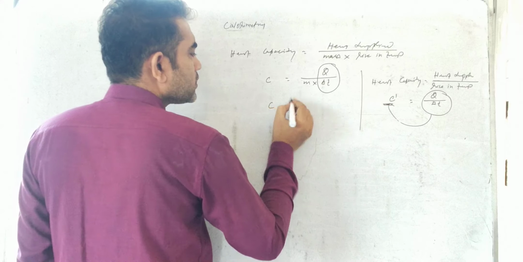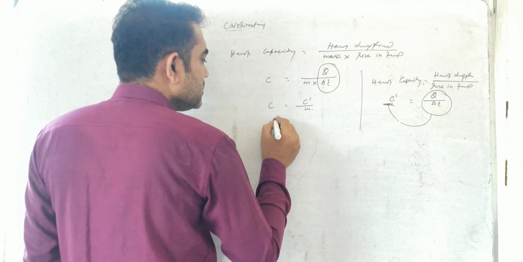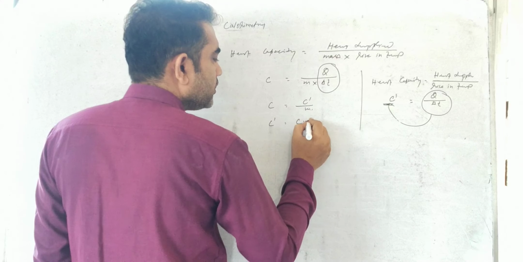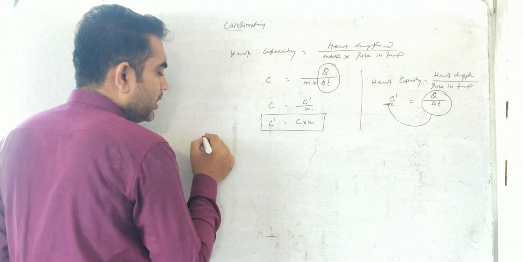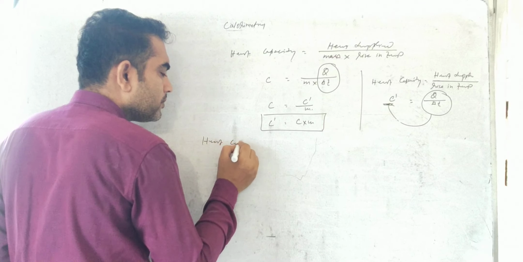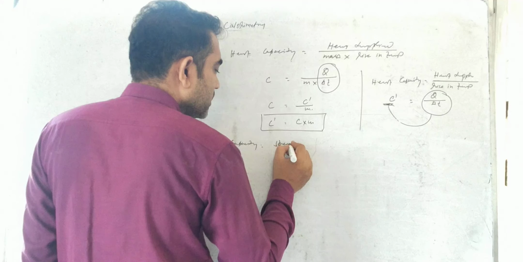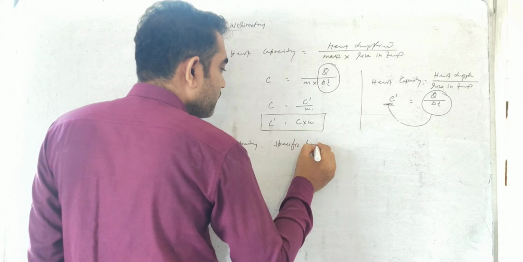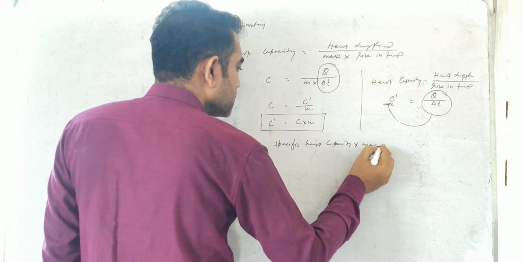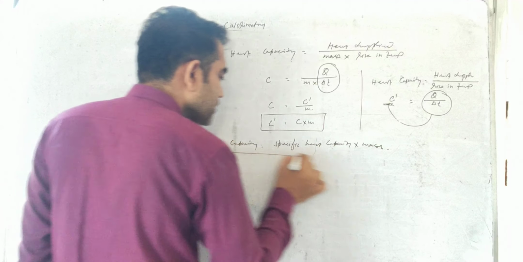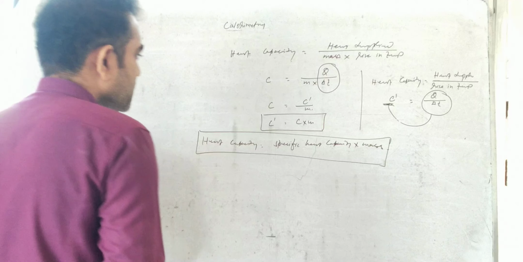So C equals C dash by M, and C dash equals C into M. So from this relation we got that the heat capacity equals the specific heat capacity into the mass of the substance. This is the required relation between the heat capacity and the specific heat capacity.